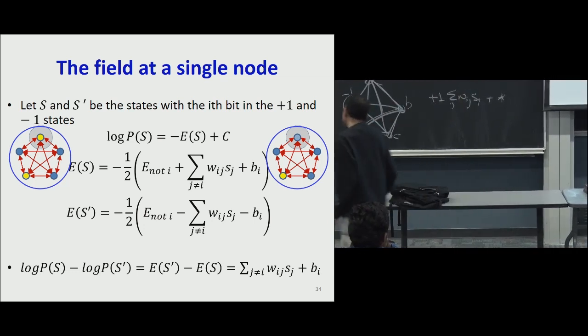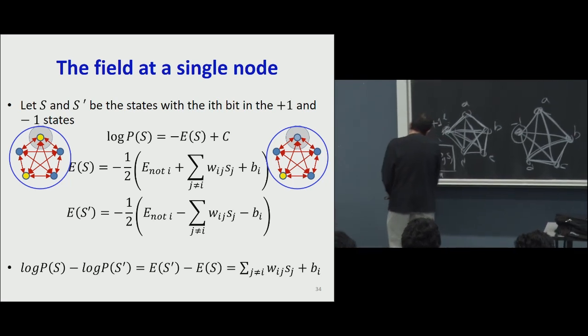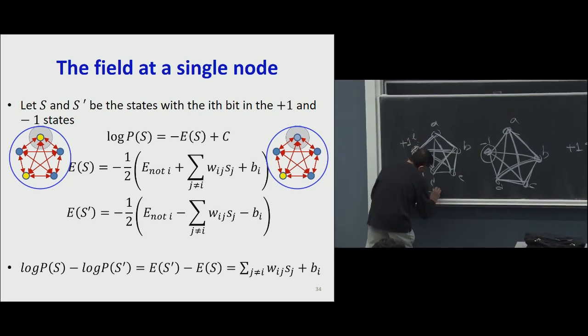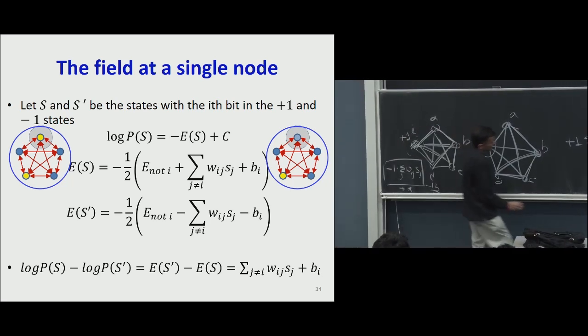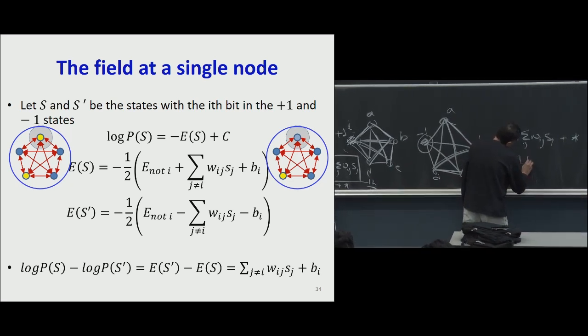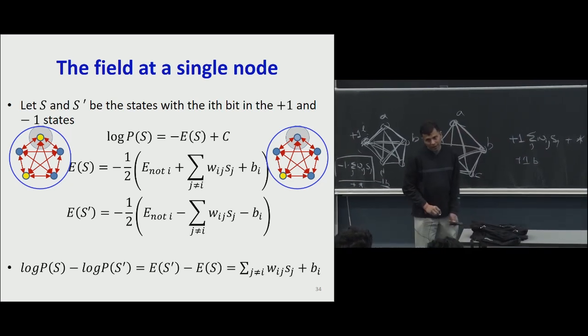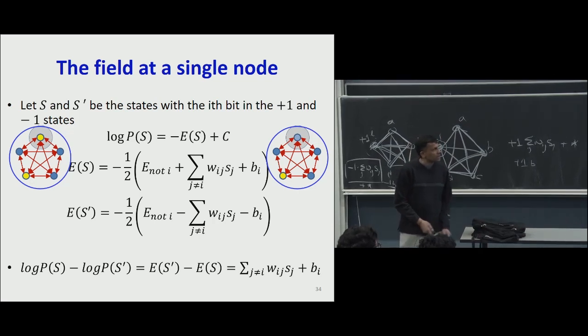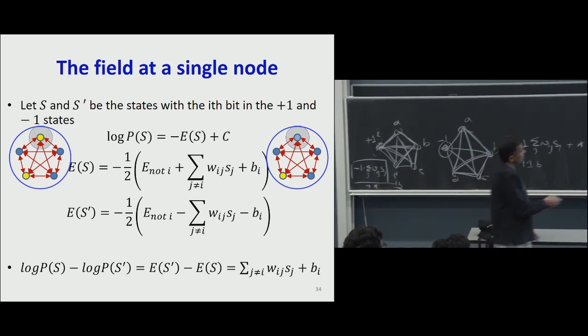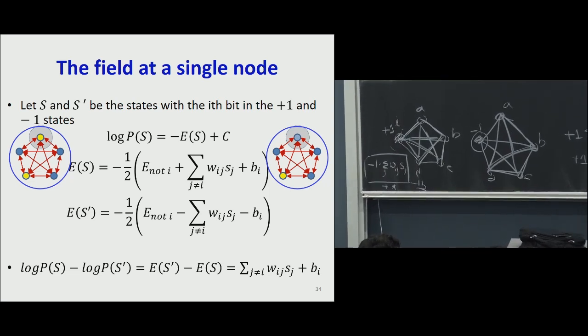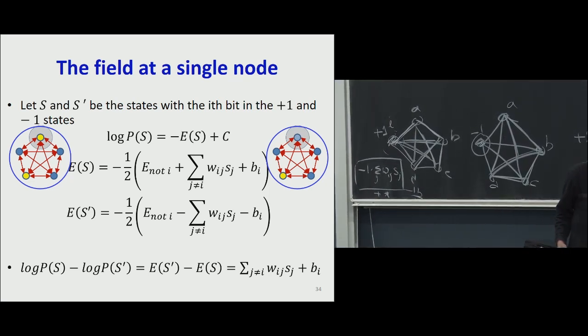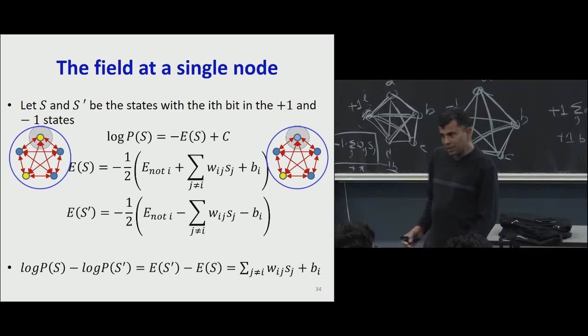If I also introduce the bias, that's minus 1 times bias over here, and this is going to be plus 1 times bias at the ith node. So this is going to be plus b_i, and over here it's going to be the same term, except these two terms now have a negative sign, right?